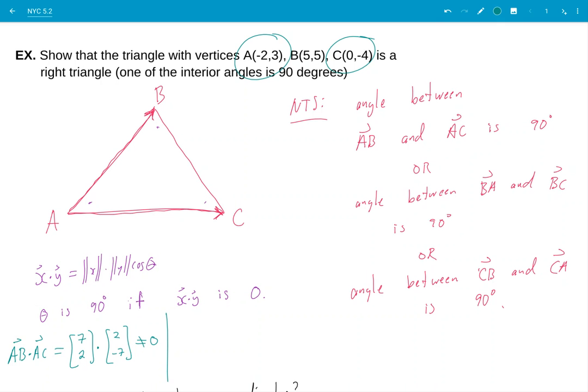So I'll move on. BA dot BC. Okay, so BA is going to be the negative of AB.